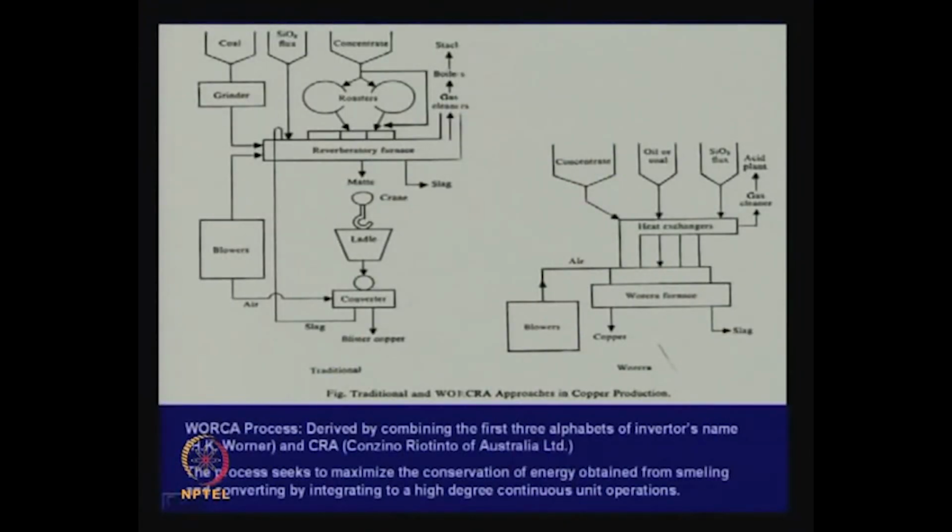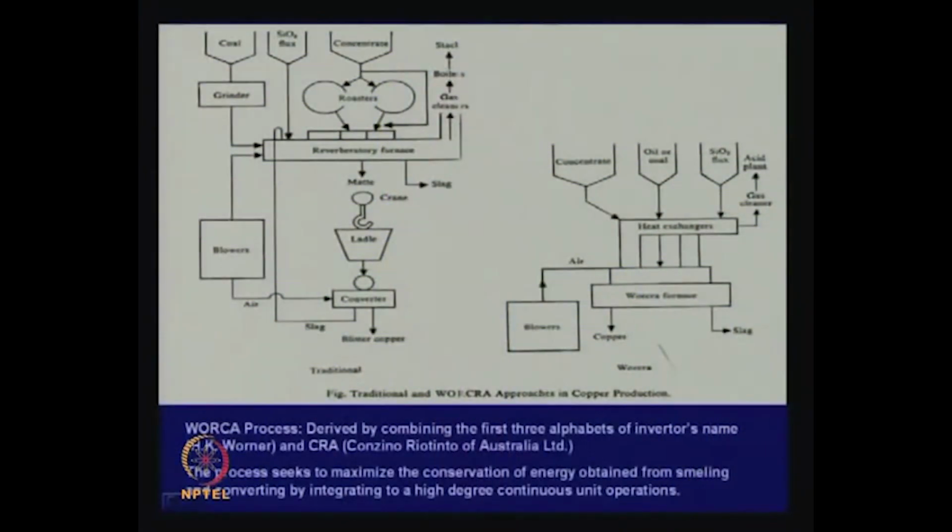a process which was workable. The process seeks to maximize the conservation of energy obtained from smelting and converting by integrating continuous operations to a high degree. Now, I have mentioned earlier that all the reactions that happen during sulphide processing are oxidizing. Whenever sulphides get oxidized, they produce heat.